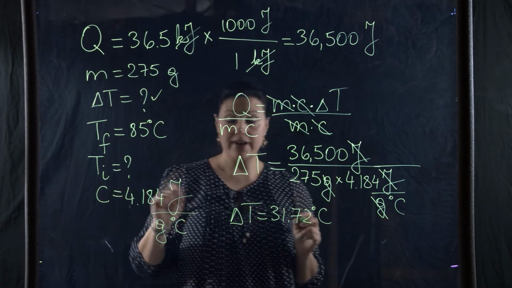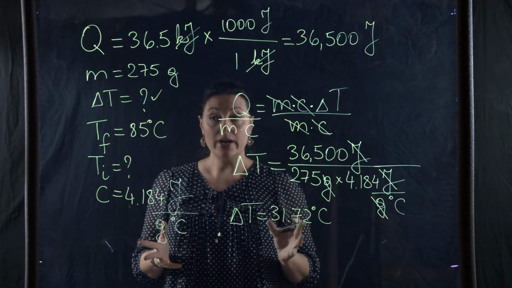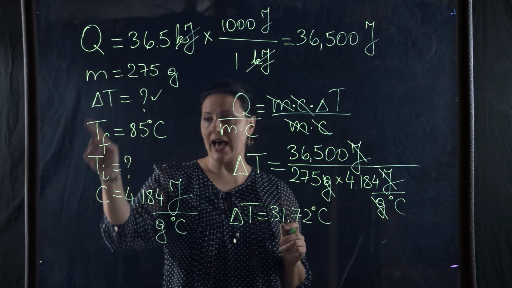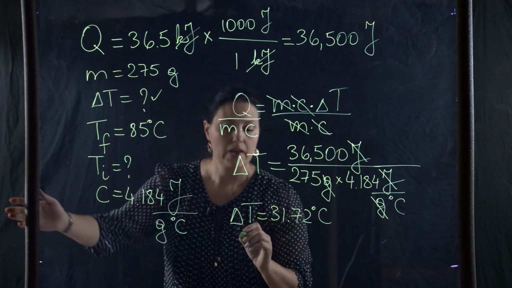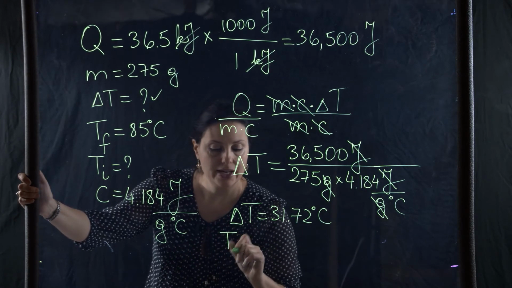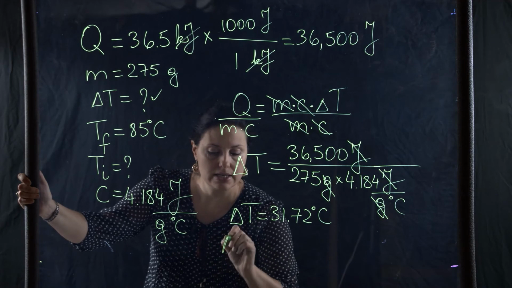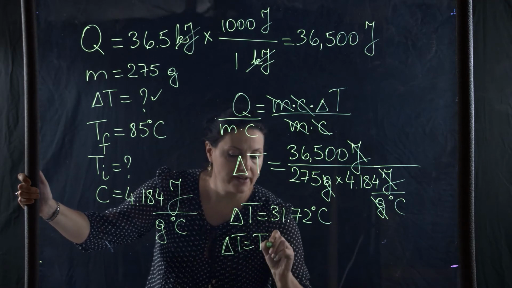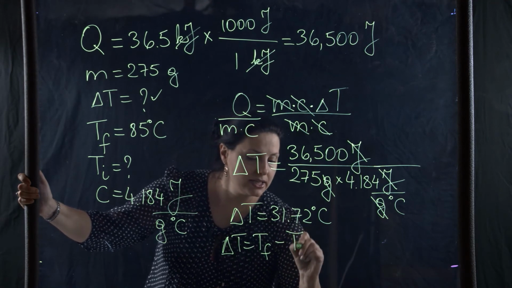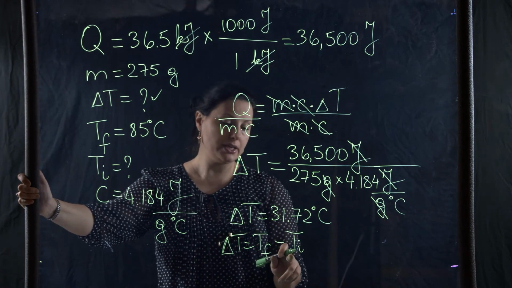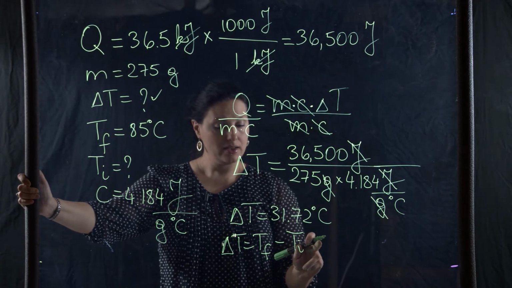Now I want to find the initial temperature. How do I do that? Well, I know the final temperature and I know what delta T is, so I can find the initial temperature. Delta T is equal to T final minus T initial. So to isolate T initial, I add.